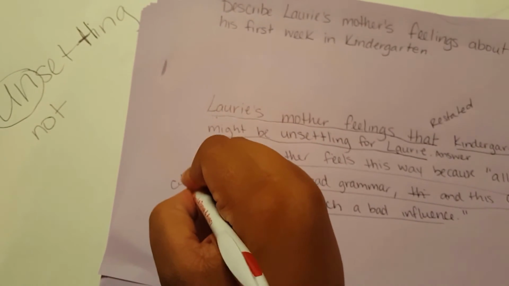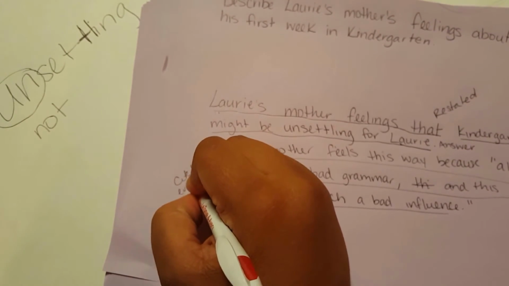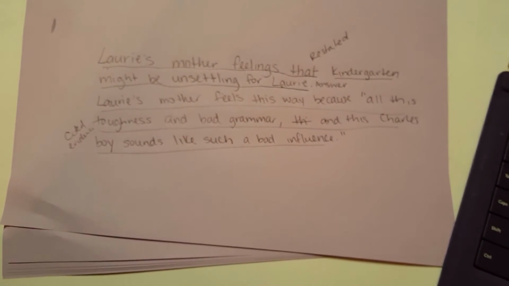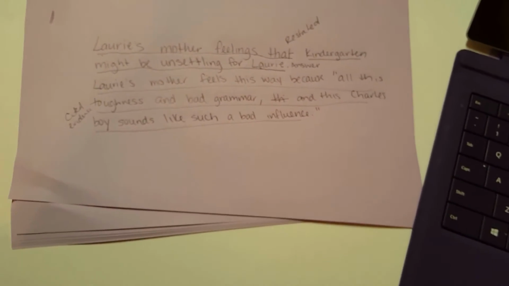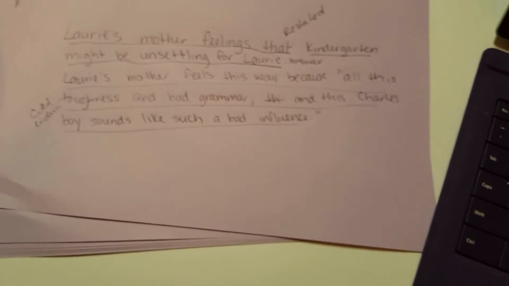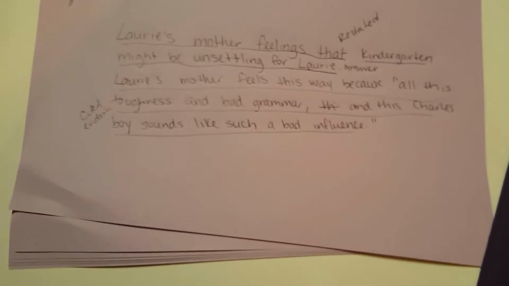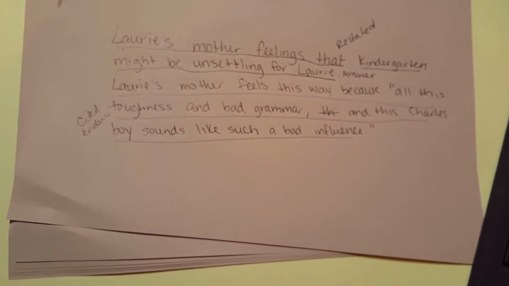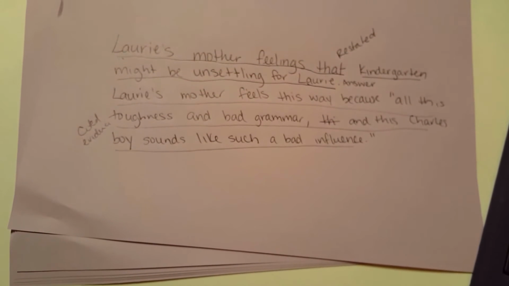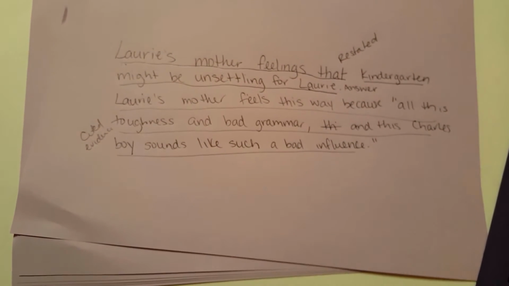So this is cited evidence. So our cited evidence shows why Lori's mother feels that kindergarten might be unsettling. So the last thing we have to do is explain how our cited evidence answers the question. And that is probably the easiest part. So let me show you how to do it.